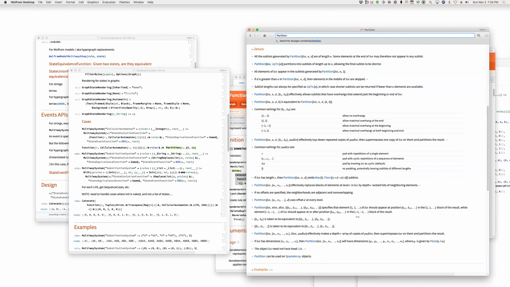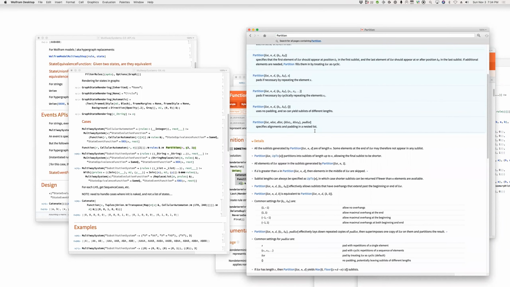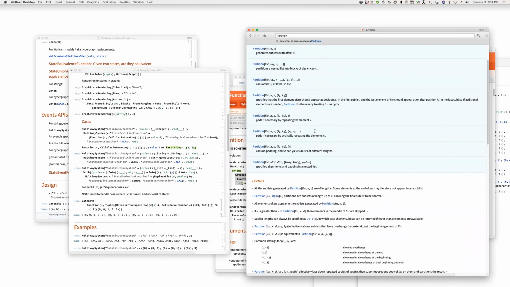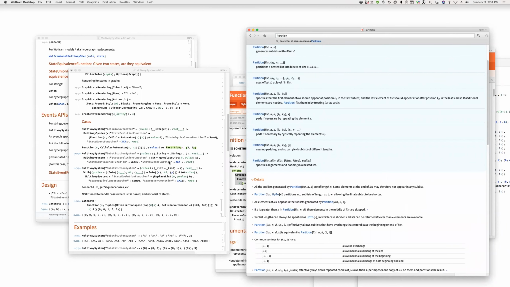I know how to do this. Okay. -1, 1 for the overhangs. KL, KR.